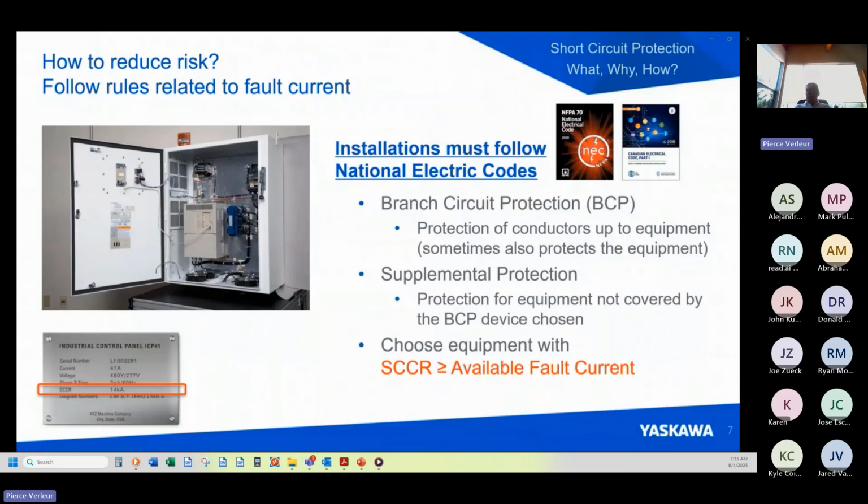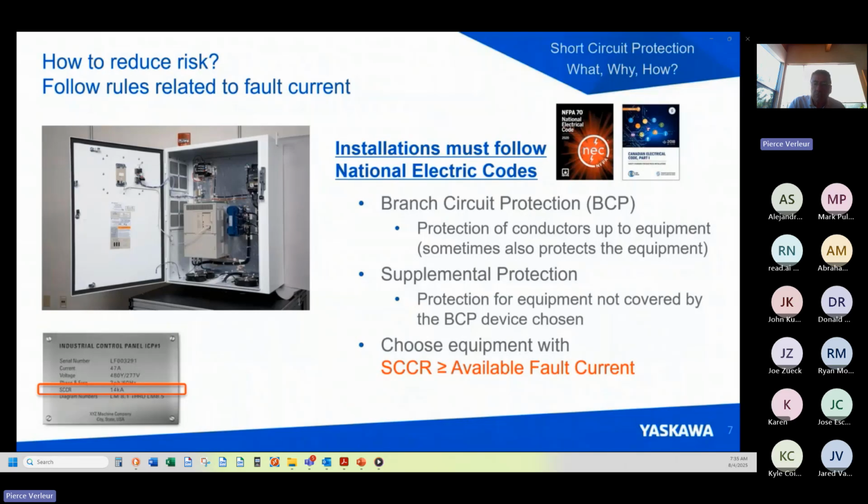Okay, and then the equipment that's chosen, such as an electrical panel, needs to be chosen such that its withstand capability, or the short circuit current rating, is greater than or equal to the available fault current for the power that's connected to it. As you can see on this panel here, the panel has a short circuit current rating of 14,000 amps.